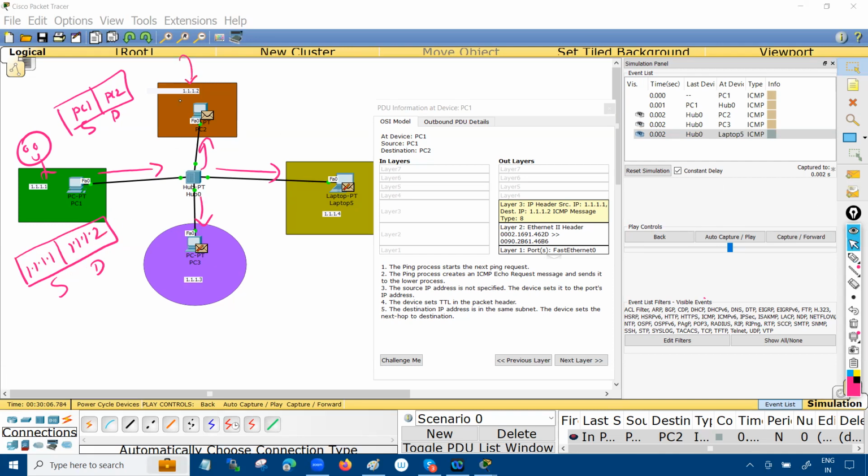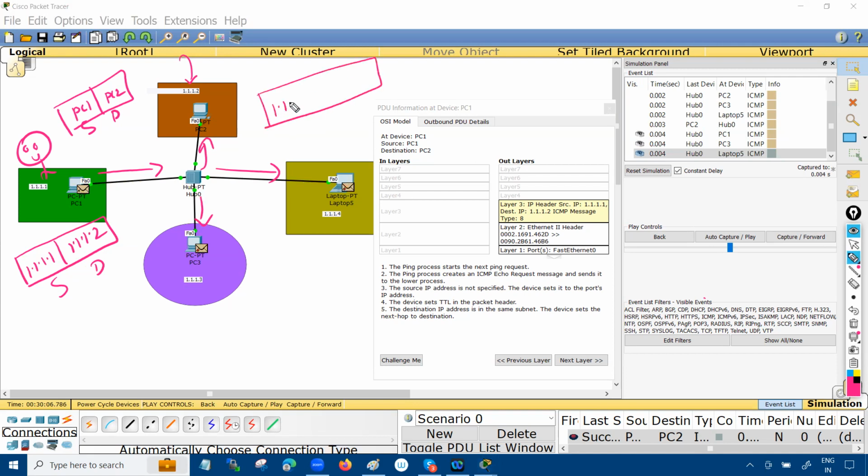Now, when 1.1.1.2 gives the reply, try to understand, right? When it gives the reply packet, it comes to the hub. Again, the hub is doing the broadcasting. Again, PC5 will drop the packet, because in the reply, 1.1.1.2 will be the source and 1.1.1.1 will be the destination, right? That will be the reply packet when PC2 gives the reply to PC1.